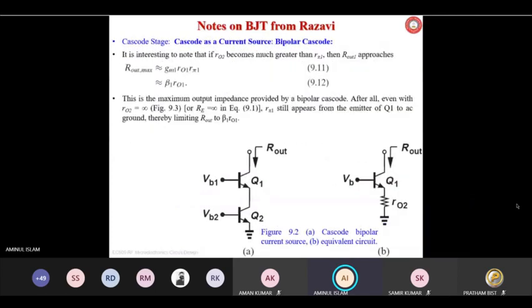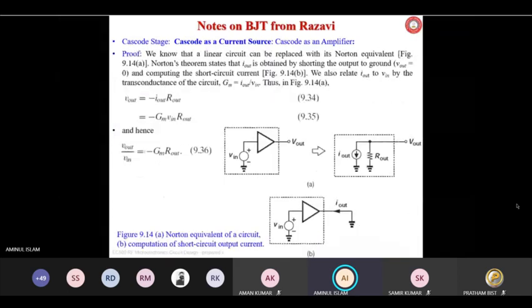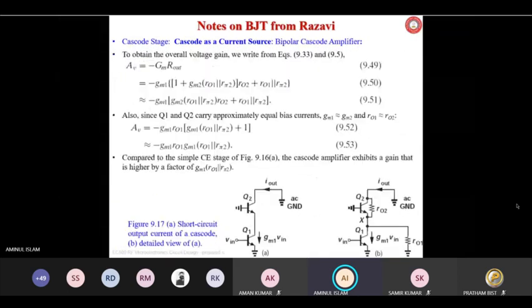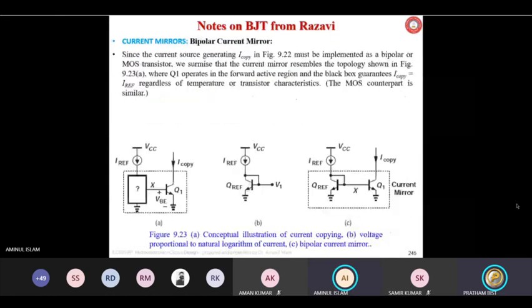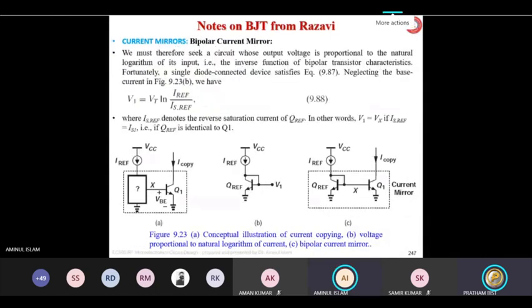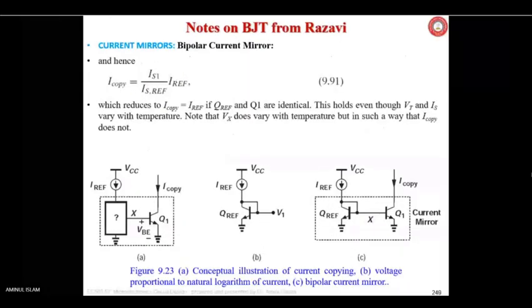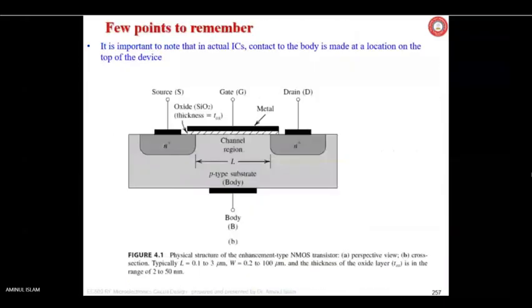What is the time, Pratham? So 12:17. Another 10-12 minutes is there. Well, at least a start.